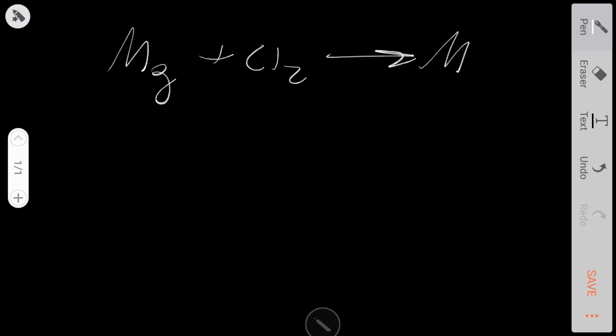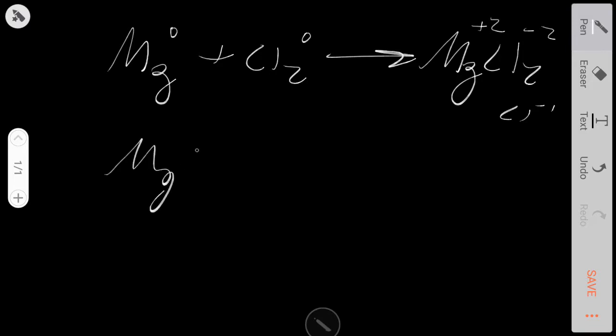If I look here, my equation is magnesium plus chlorine gives me MgCl2. Magnesium's alone, so it has 0. Chlorine is a diatom, it's 0. Chlorine, if I look at my periodic table, has an oxidation number of -1. Here, though, I have 2 of them, so the total is -2. I only have 1 magnesium, which has to be +2 to cancel that out.